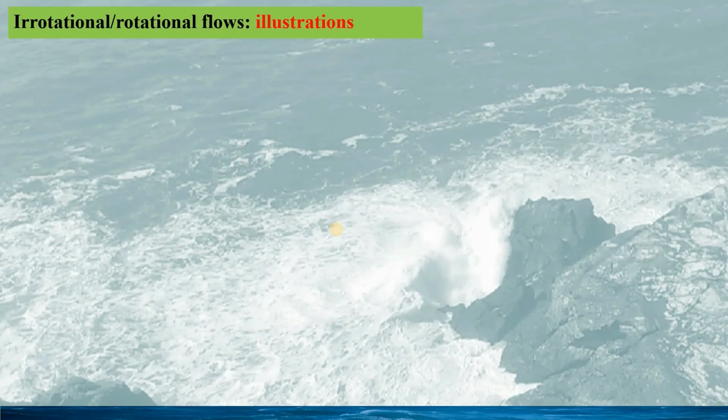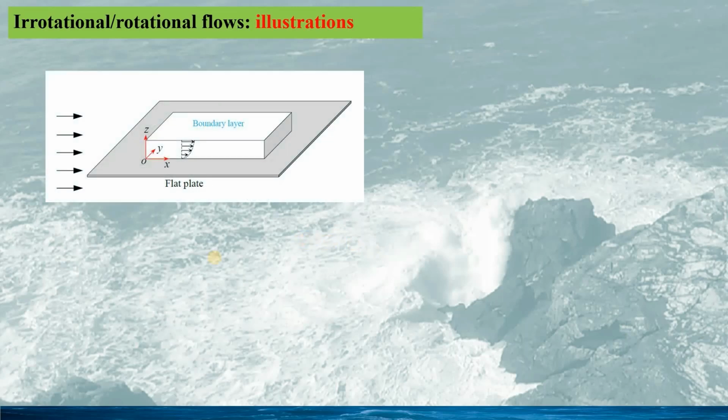Now in this slide, we will look at where we can see the rotational flow and the irrotational flows. For example, for the uniform flow past a flat plate, it can be seen near the plate surface, there will be a layer where the fluid velocity increases from 0 at the surface due to the no-slip condition to the same velocity as that of the uniform flow.